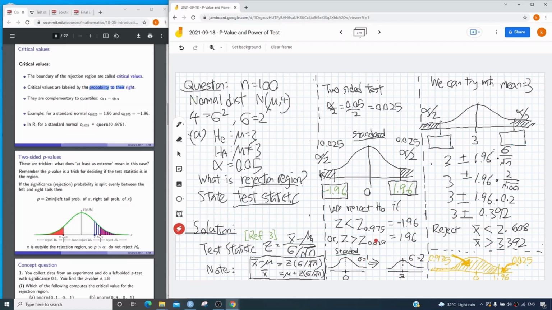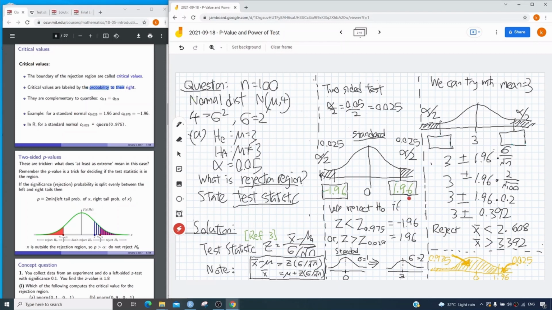So all we are doing right now is getting the values for the standard normal. Now we need to switch back to what the question wants, the values for mu equals 3 and sigma equals 2.